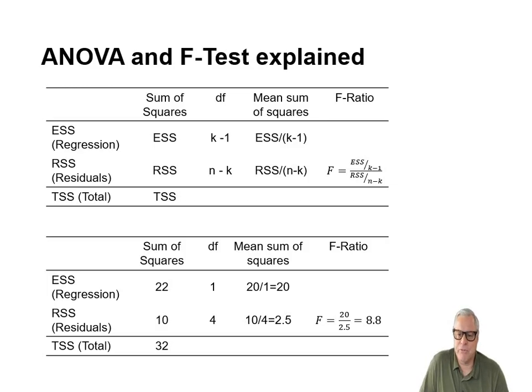So now what we want in order to get a very significant model is, we want the mean sum of squares per regressor to be very high, and we want the residual sum of squares, essentially per each residual, to be very low, and then we will get a high ratio.